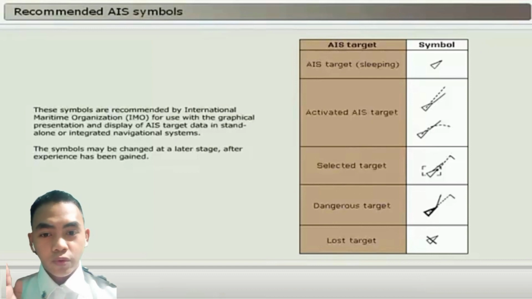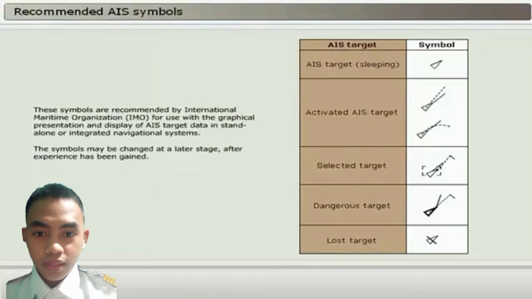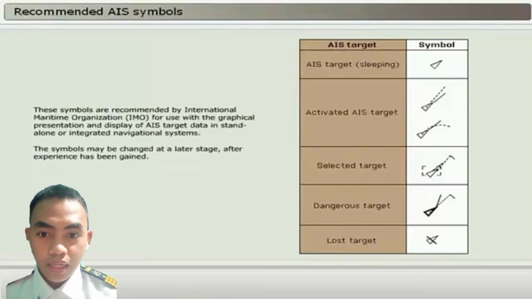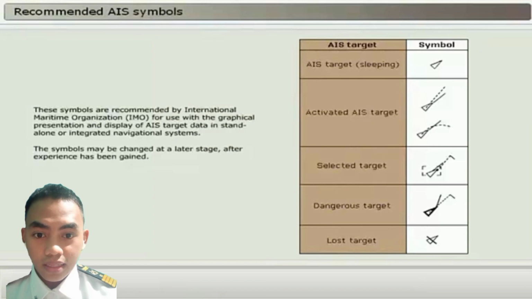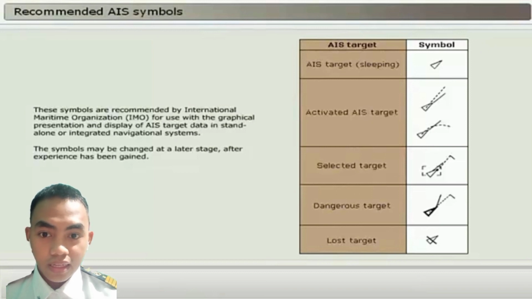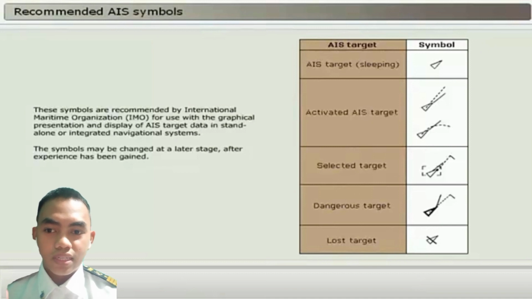Let's proceed to the recommended AIS symbols. This is the symbol, as you can see on the right side. These symbols are recommended by the International Maritime Organization, or IMO, for use with the graphical presentation and display of AIS target data in standalone or integrated navigational systems. The symbols may be changed at a later stage after experience has been gained.